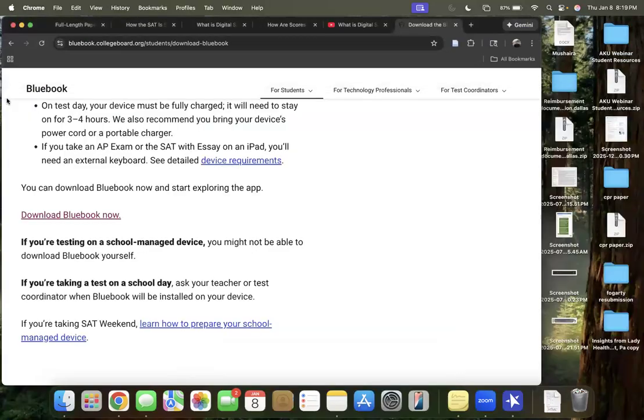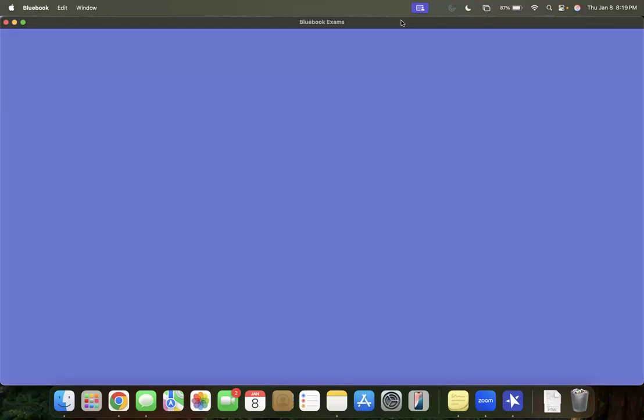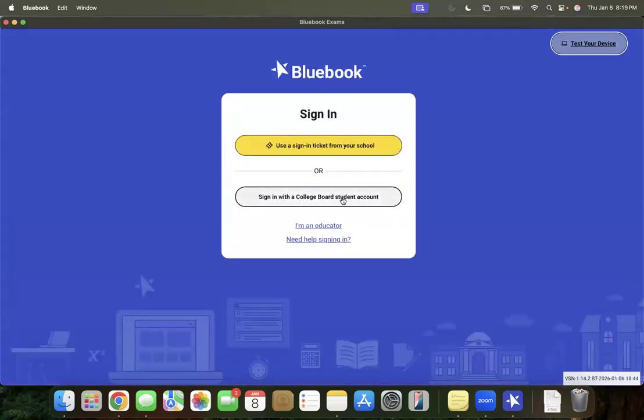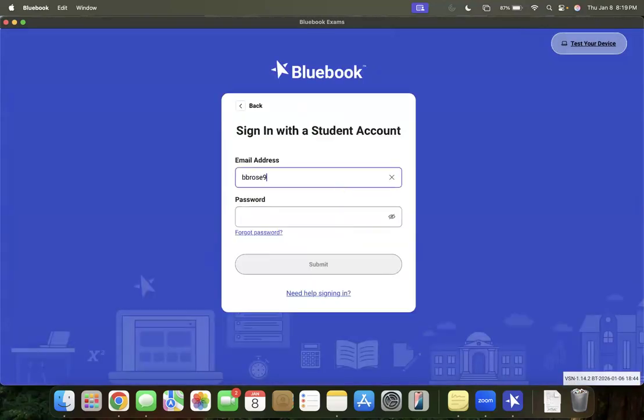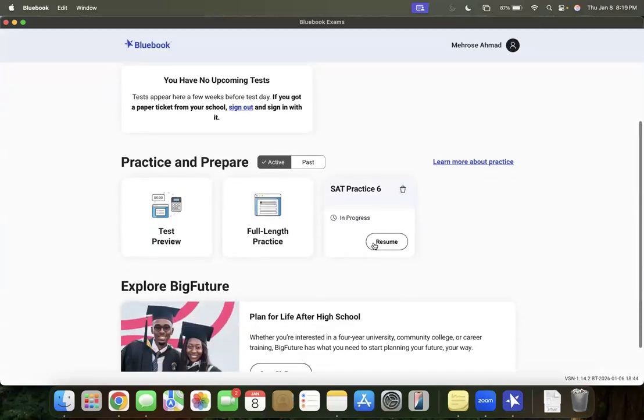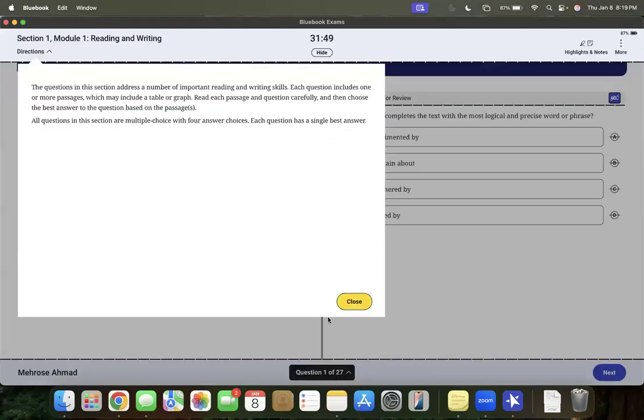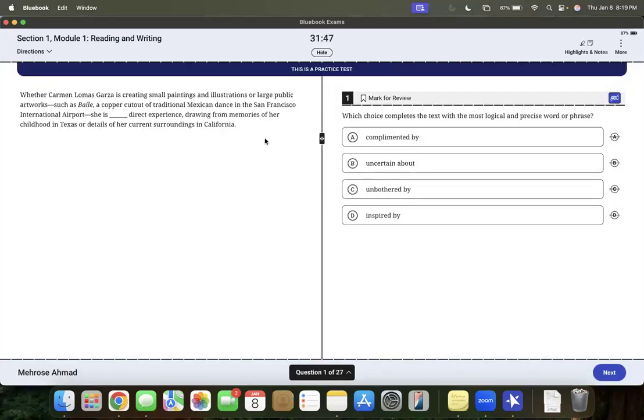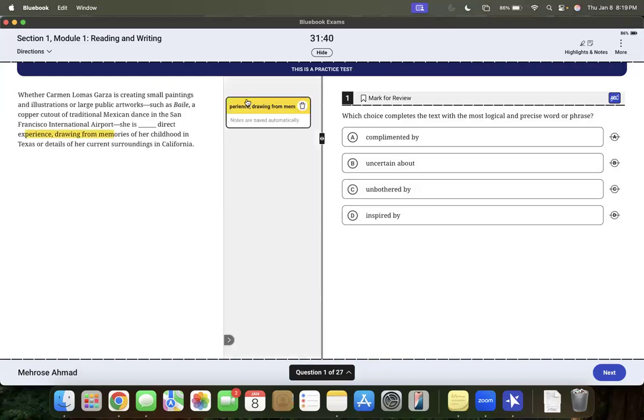So if we open the Blue Book app again, I need to sign in. If I open SAT Practice Test 6, I might want to use the sticky note, again, if I have a longer passage, to summarize paragraph 1.